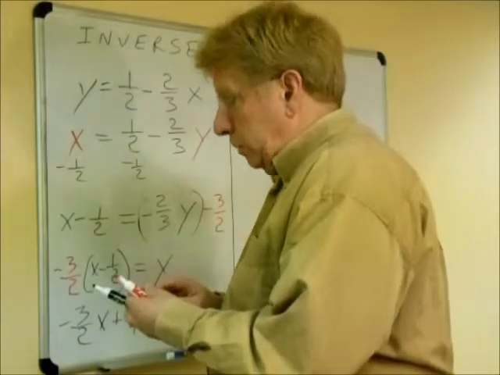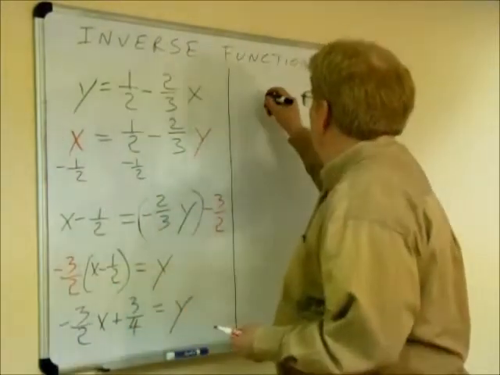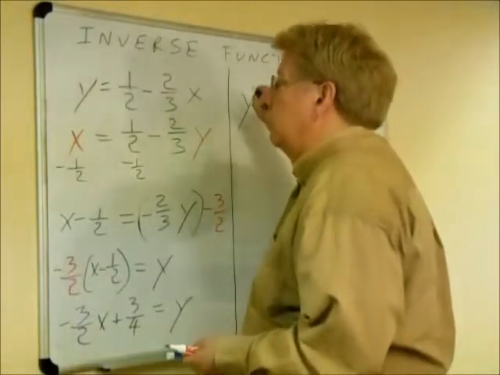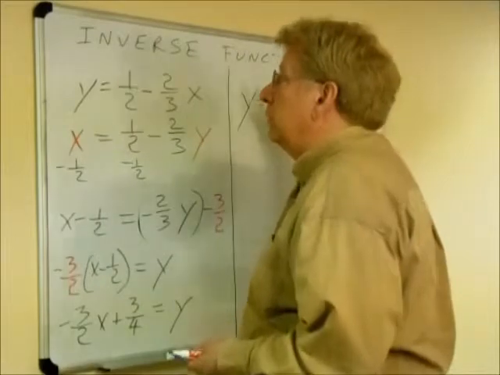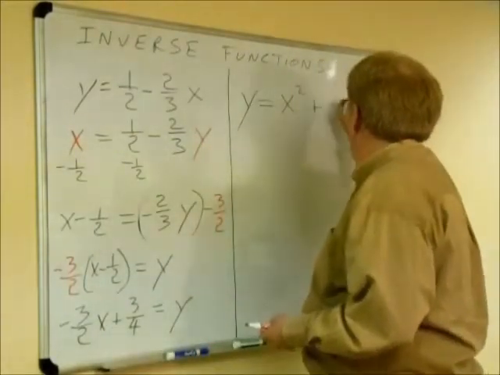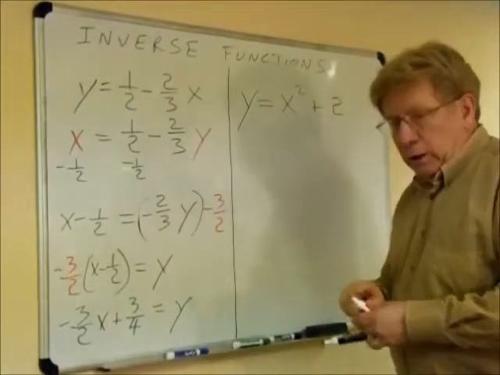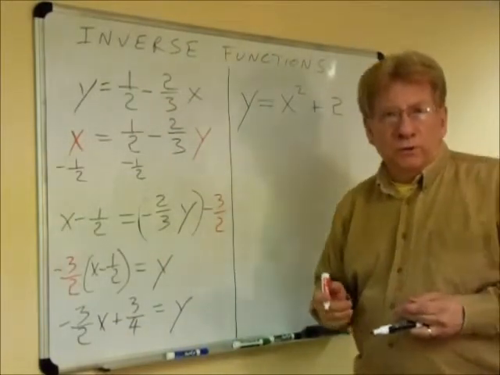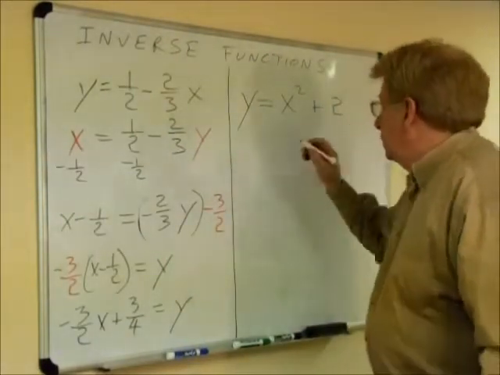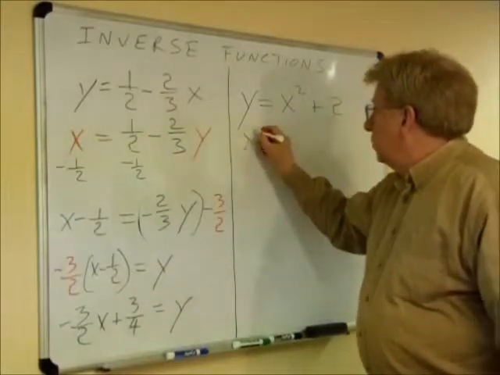Okay, we'll do one more. On this one, we'll do y equals x squared plus 2. Once again, this is pretty repetitious. We have the same method each time. In place of the y, we put an x.